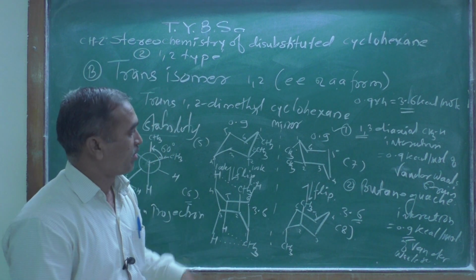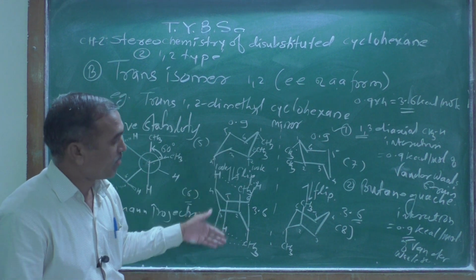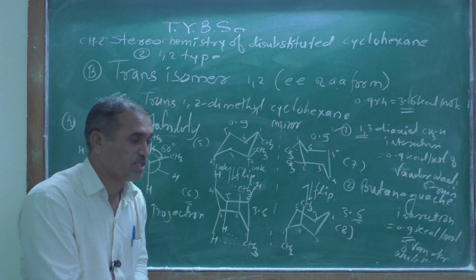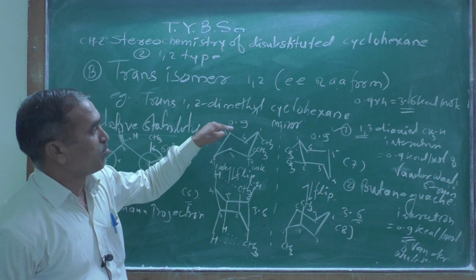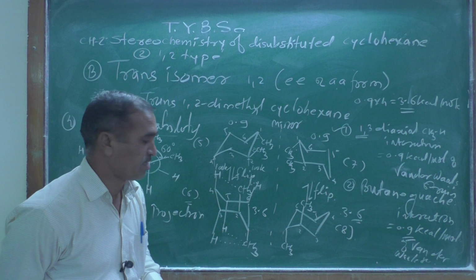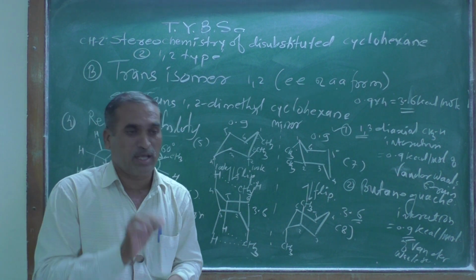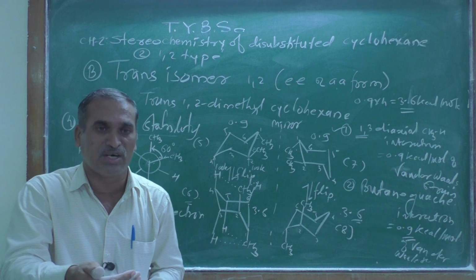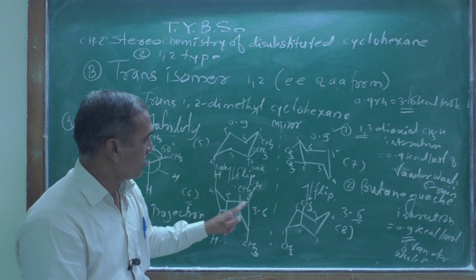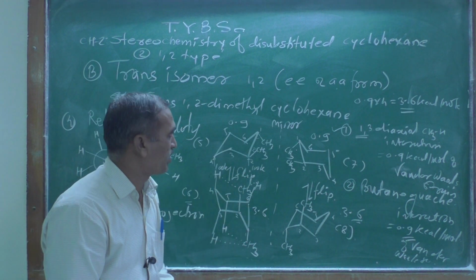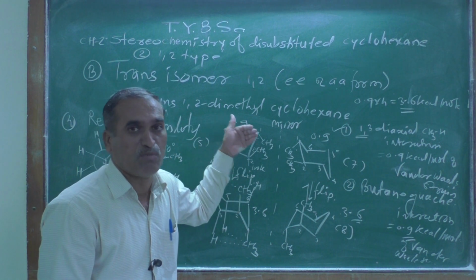And therefore if you compare the stability between these conformations, which conformation is more stable here? This conformation is more stable because it has less energy. I already told you that those organic molecules which are higher in energy, their stability should be less, and here it is 3.6, here only 0.9, and therefore this one is less stable, this one is more stable.